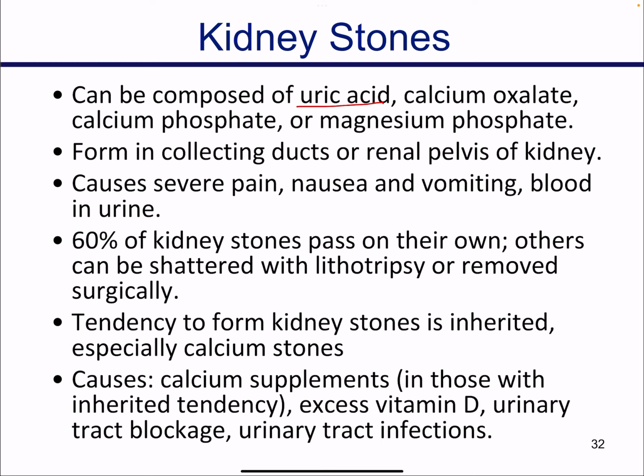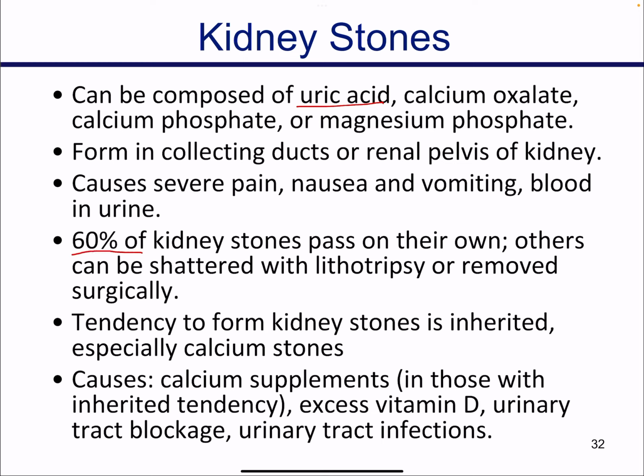So typically, the only thing that can be done is to really flush the tubules, and hope that the kidneys are going to pass these kidney stones. But the unfortunate thing is that when we start forming kidney stones, it can only go worse. But sometimes it gets dissolved.